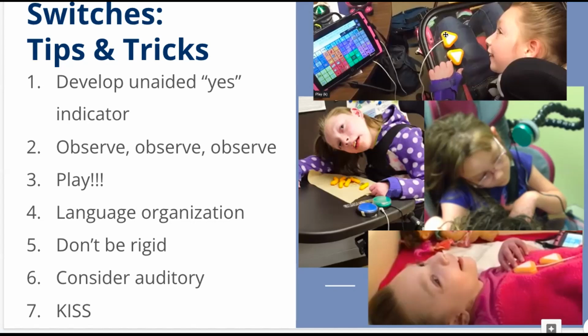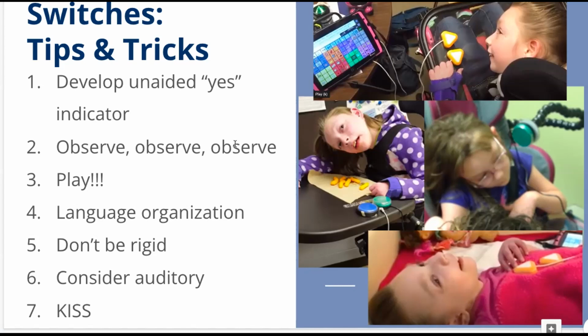So these are the candy corn switches from AbleNet, providing her move and pick, or move and select, right? And then Haley down here at the bottom right, again, providing move and select, but her laying down in bed with her switches. So there are really many options that can be developed.